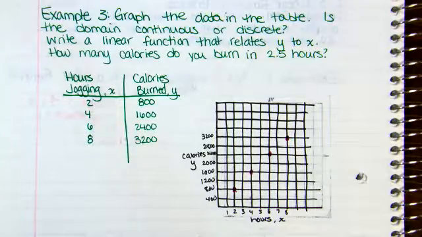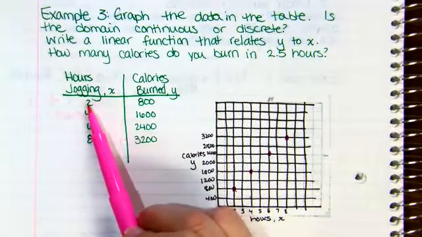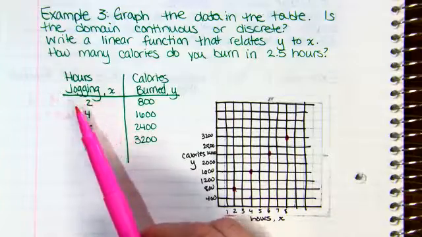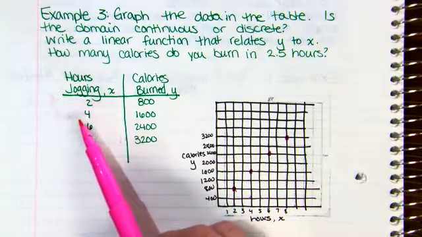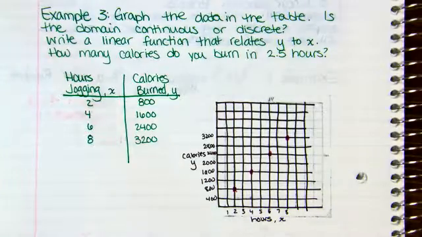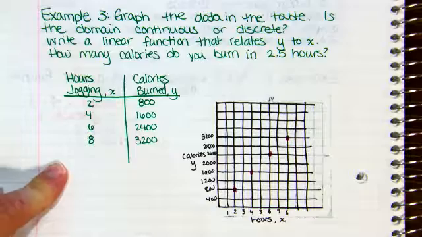The next question asks if the domain is continuous or discrete. So we need to ask ourselves, are those the only possible hours that you could spend jogging? Could I jog for an hour? Could I jog for half of an hour? Could I jog for 4.25 hours? The answer to all of those questions is yes. I could do fractional amounts. There are amounts in between that I could jog for.